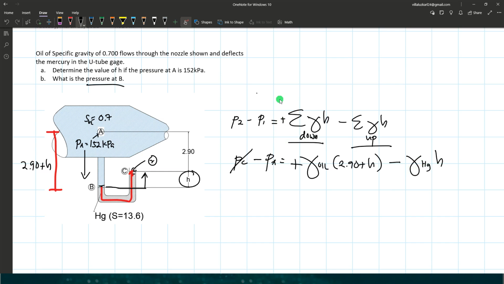We can now solve for H. Just substitute the given pressure at point A, which is 152 kilopascal, equals the unit weight of oil.